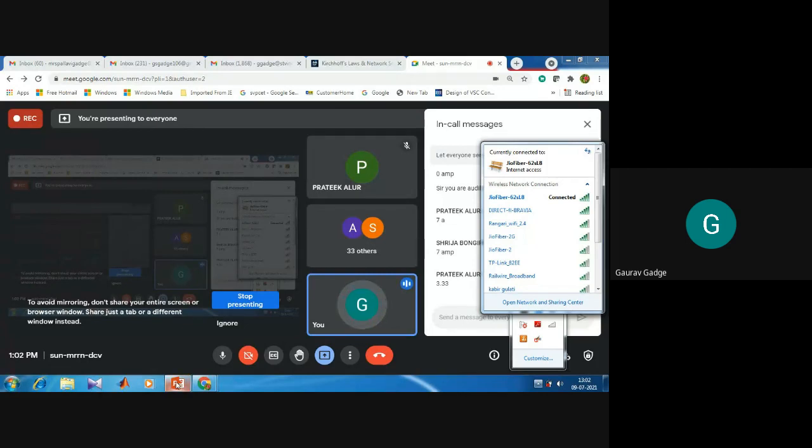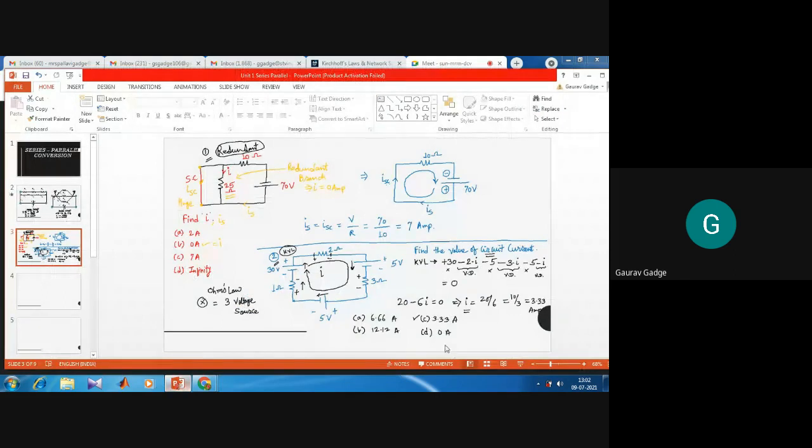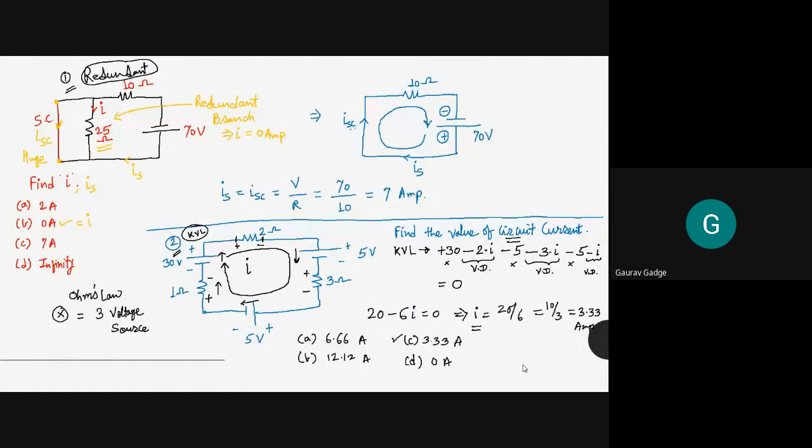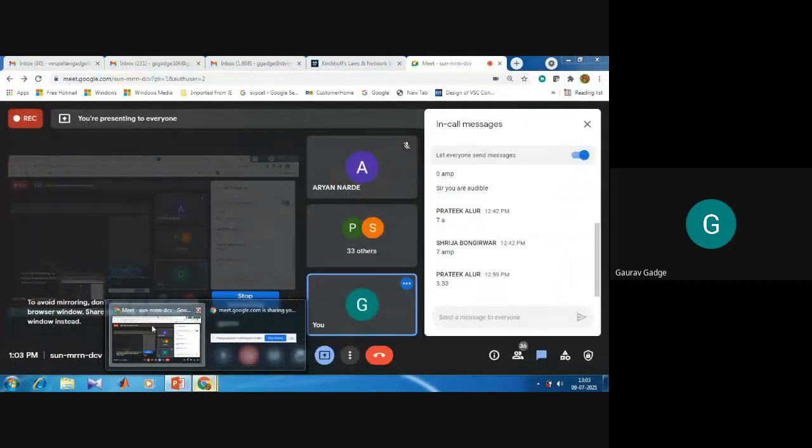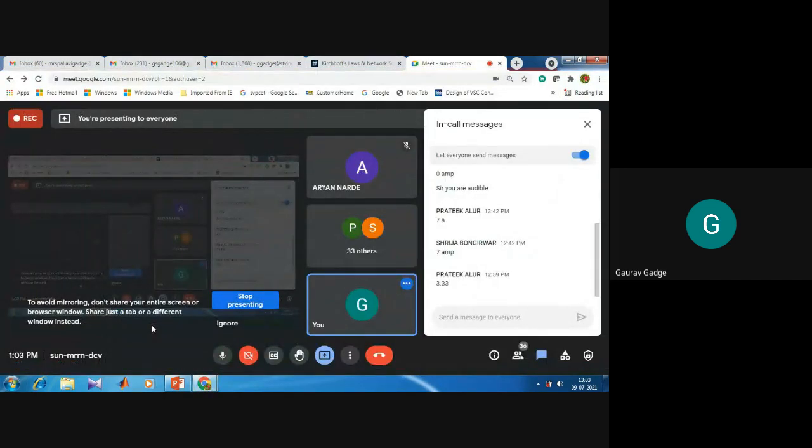Hopefully you all are comfortable with this particular second numerical. Is there any question? Is there any query? No, sir. Yes, someone wants to say something. If you have any question, you can write it down right now in the chat box.